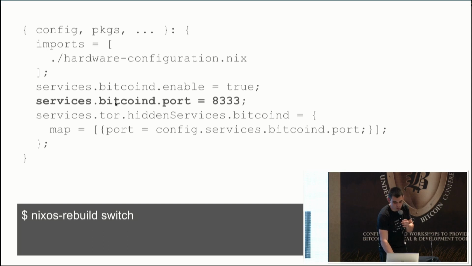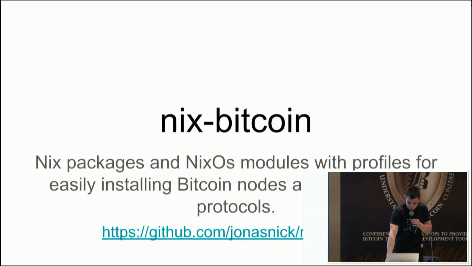If that line would be removed, then Bitcoin-D would use the default port, but the port for Nix would be null. So this wouldn't actually be a valid Nix expression. So the NixOps or the Nix tools will immediately say this doesn't work because I need to get a port and not null. So this helps reduce mistakes when writing these configuration files.